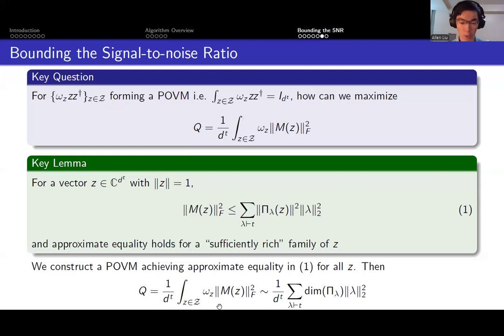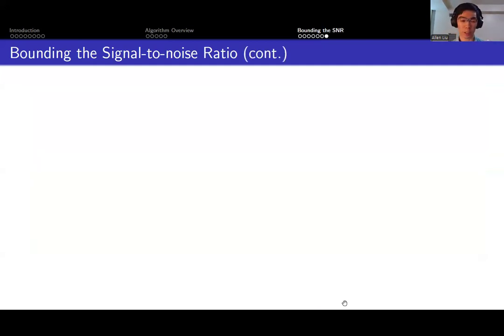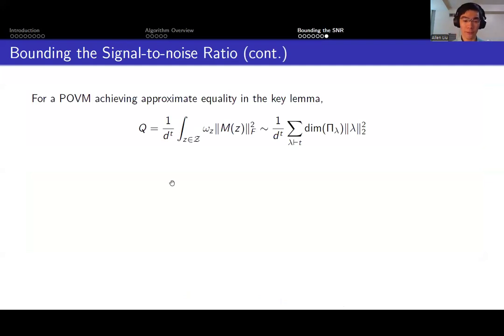So then the signal to noise ratio quantity Q will just be this average over these partitions lambda of the dimension of lambda times the L2 norm of the partition lambda. So again, once we construct a POVM achieving approximate equality in the key lemma, we have the following expression for the signal to noise ratio.